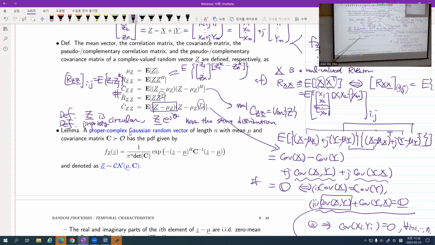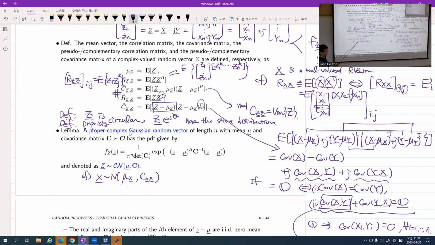Again, the density function looks very similar to that of a real valued Gaussian random vector. So compare it with a real Gaussian random vector. Let me use strange notation, but yeah, something like this. This is the mean vector of the real Gaussian.